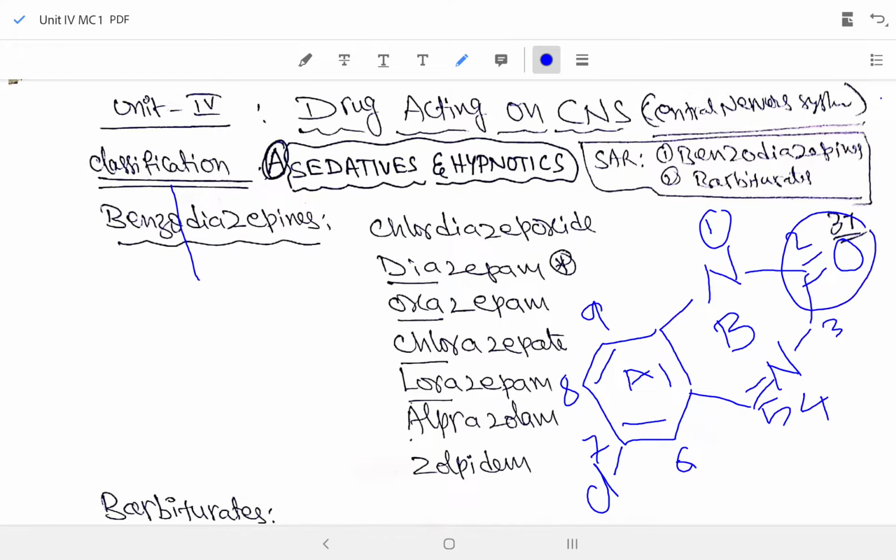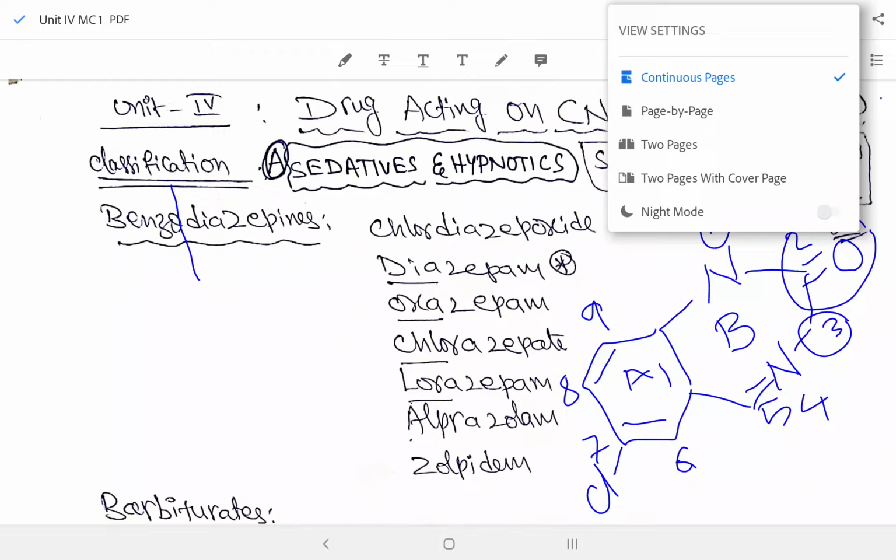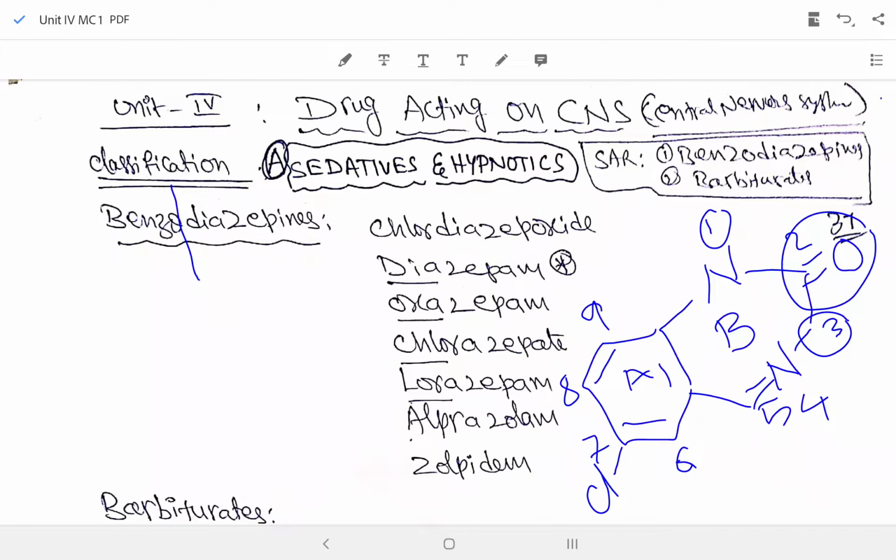Then alkyl substitution at position 3 decreases the activity. But the presence or absence of hydroxyl group determines pharmacokinetics. Pharmacokinetics means the drug's absorption, distribution, metabolism and excretion. That is determined by the substituents attached at third position.